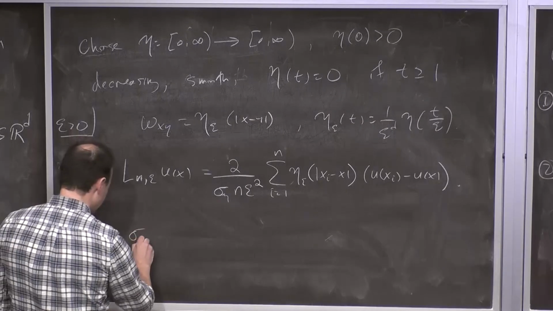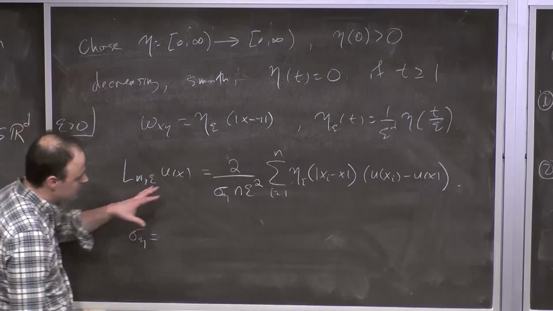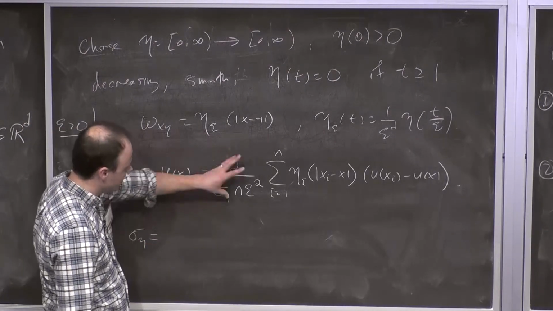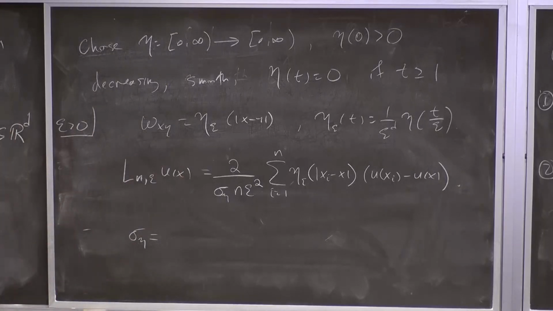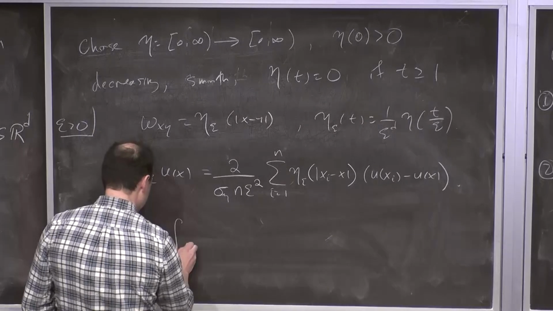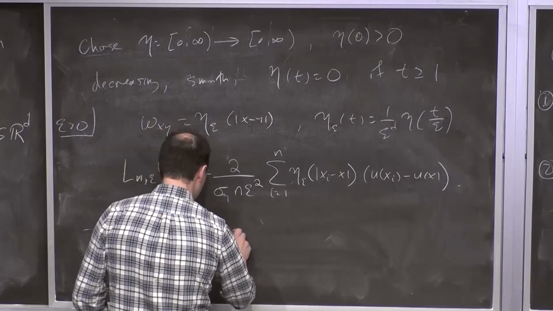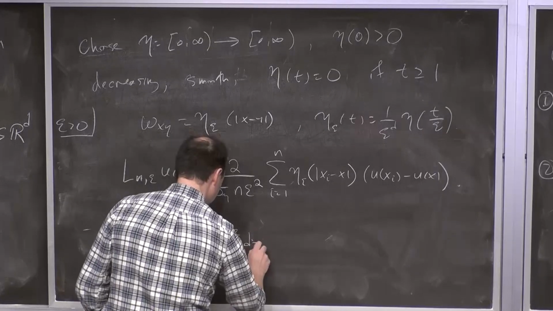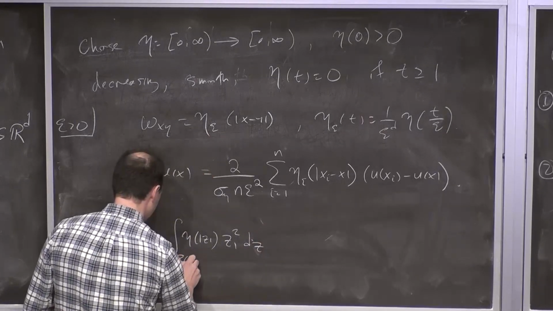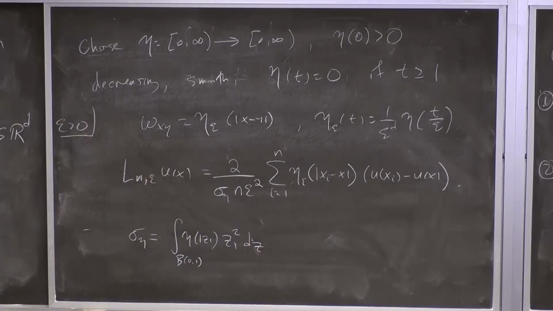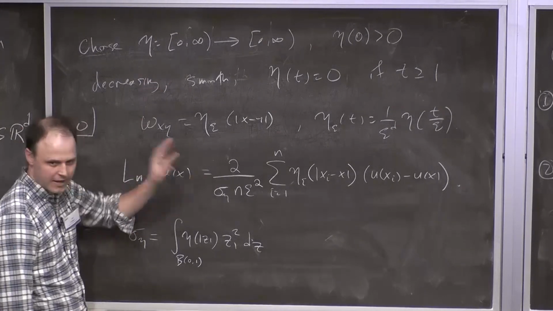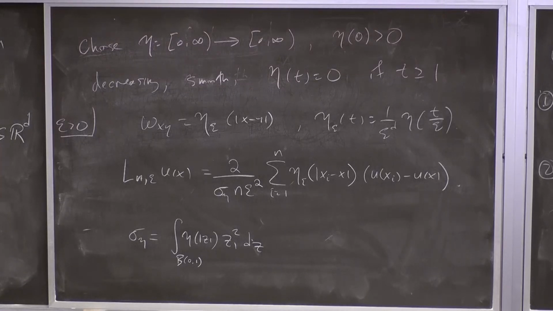We'll see in a sec that this normalization means that we're exactly consistent with a nice operator in the limit without having to change constants or anything. So sigma eta is the second moment of the kernel, the integral of eta times z squared dz. And this is the only way that the choice of the kernel comes into anything, is with this constant.